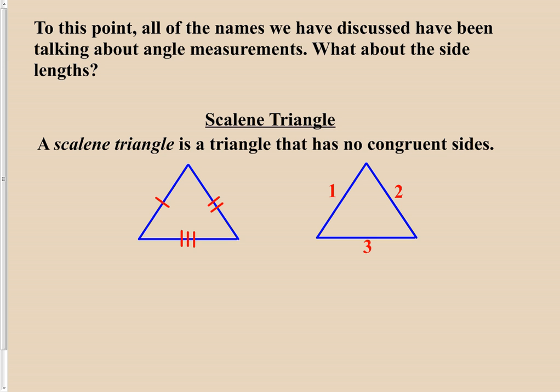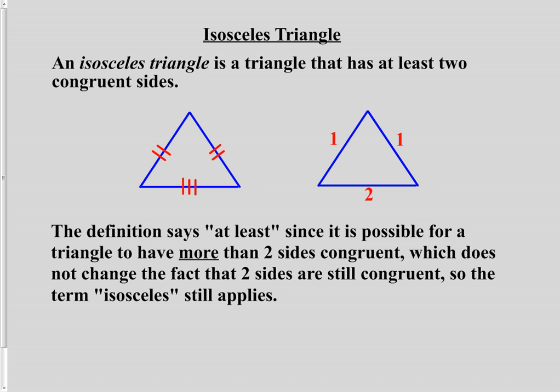Now we have some other categories that go along with triangles, this time dealing with their side lengths. The vocabulary term meaning everything is different, or nothing is congruent, is scalene. So a scalene triangle is a triangle that has none of its sides congruent. If you have 2 sides of your triangle congruent, that's what we call isosceles. But we've stressed this term throughout the course of the year. Isosceles is a little bit of a dangerous term because it does not mean exactly 2 sides are the same.